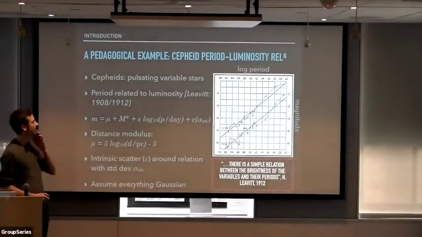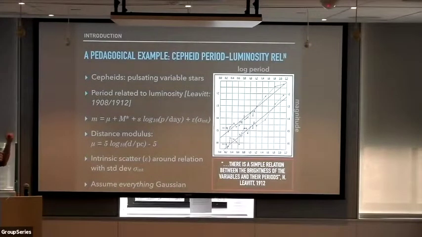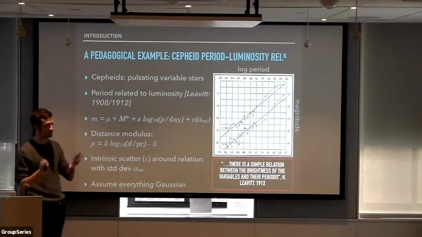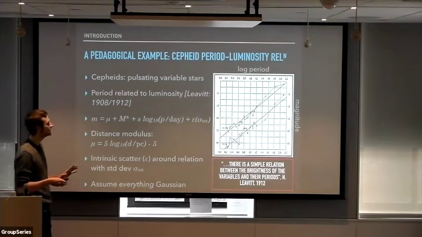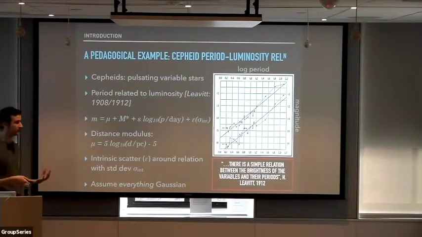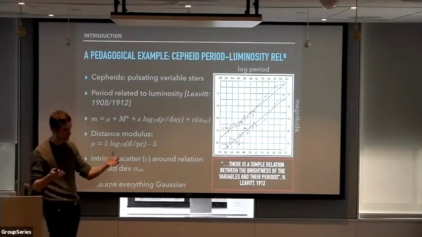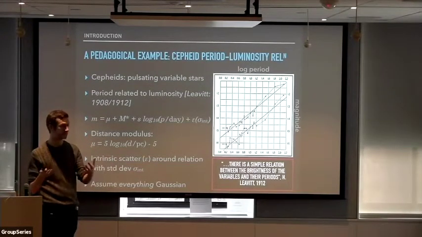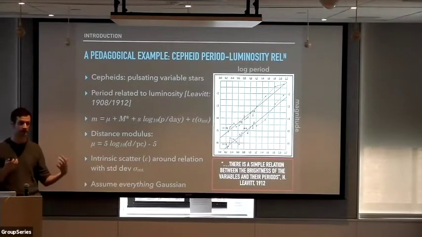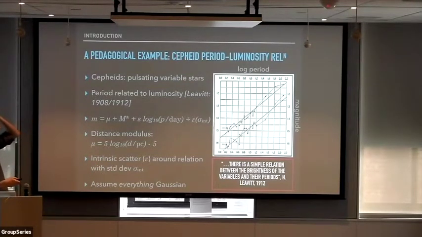Yeah, right, okay. So, for the rest of what we're going to talk about, we're going to use a simple astrophysical example, which is inferring the properties of Cepheid period luminosity relations. Like I said, Cepheids are pulsating variable stars, and the period of their pulsation is related to their intrinsic luminosity, so they're interesting objects to look at.